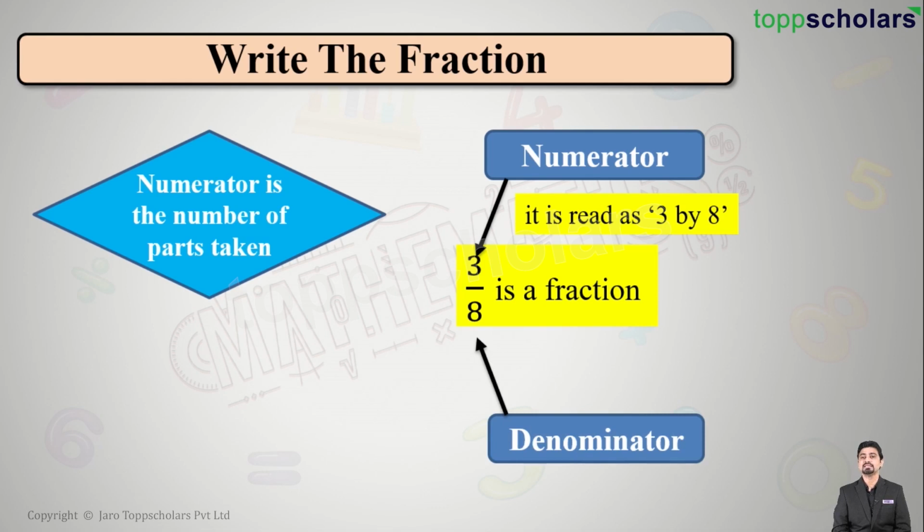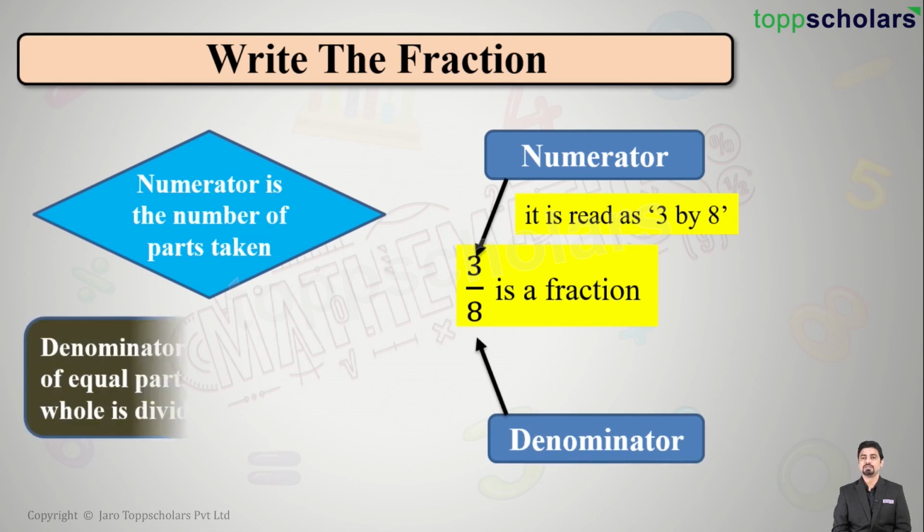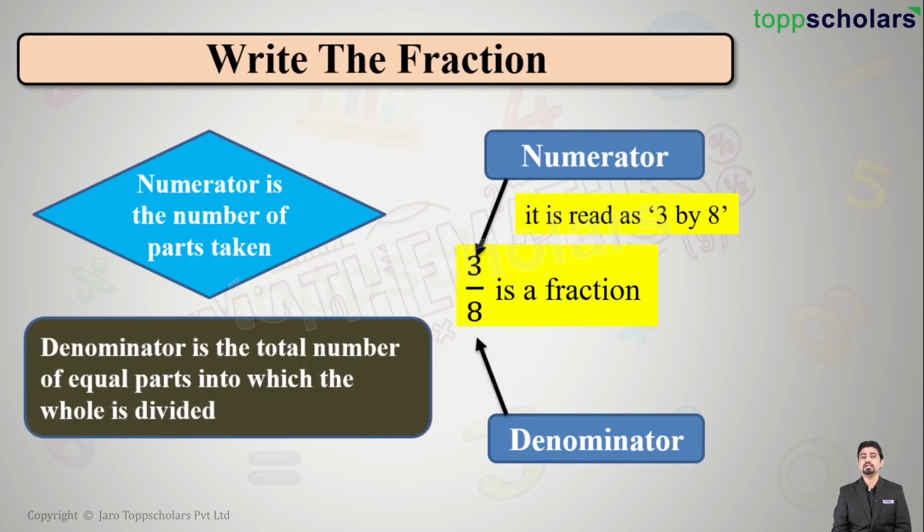That is called the denominator, which is nothing but the total number of parts into which the big one is divided. Got it? So number of parts selected written above is called numerator, total number of parts written below is called denominator. Wow! So many new things you have learned in this video, students.